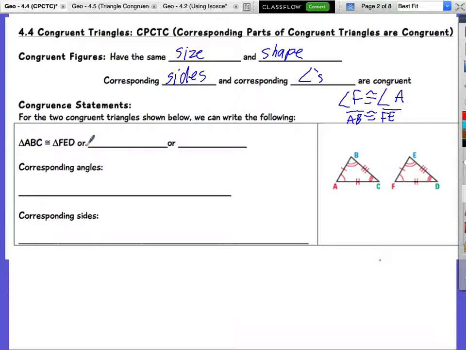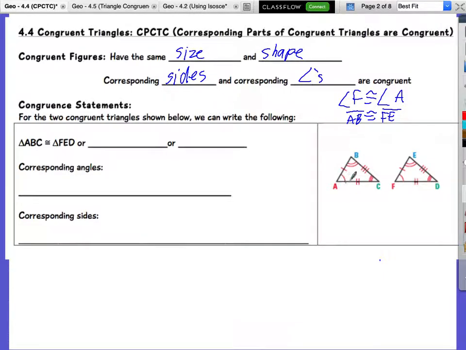We have to be careful with the order we put that in because we first have to say that their corresponding angles are in the same order. So we first have to figure out, what are corresponding angles? Corresponding angles and corresponding sides are going to be the ones that are in the same spot or have the same measure.